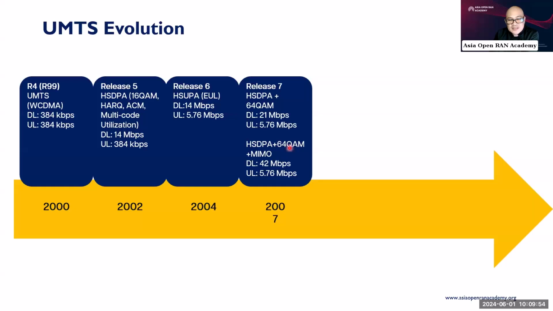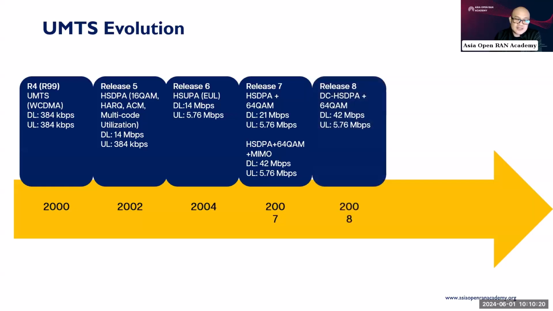Now there's a different feature. The improvement includes HSDPA plus 64 QAM plus new technology like MIMO, multiple input, multiple output. Kung gagamit ka ng 2x2 MIMO, you will have times 2 of the 21 mbps. It becomes 42 mbps in the downlink, with the uplink still 5.76.